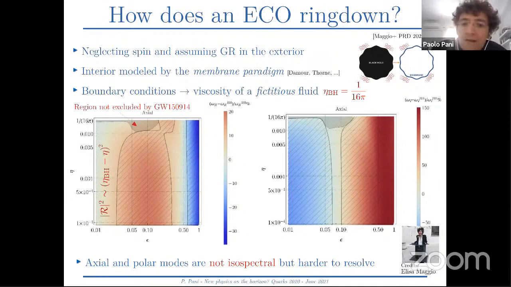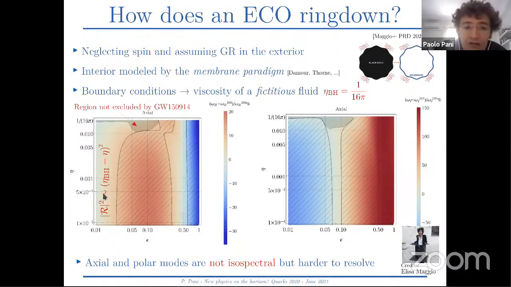For example, the quasi-normal modes can be explained in terms of a shear viscosity for this membrane that has this peculiar value in order to match the black hole case. What we did in this paper was to extend this to a more generic model in which instead of having the horizon, you can have a radius at some position that is a free parameter, and the viscosity is not fixed by this value, it is a free parameter as well.